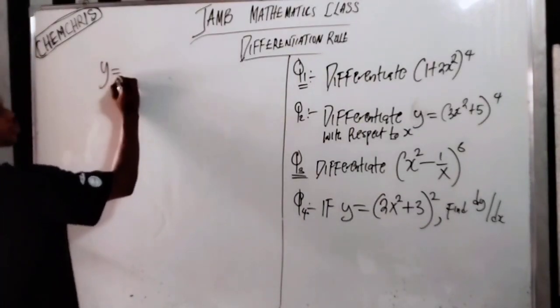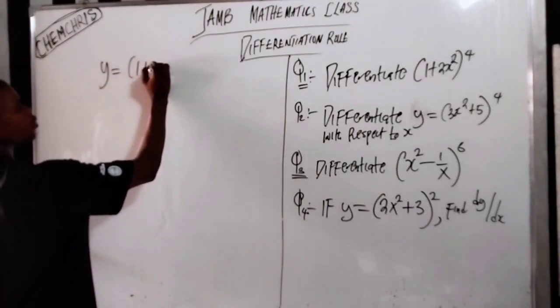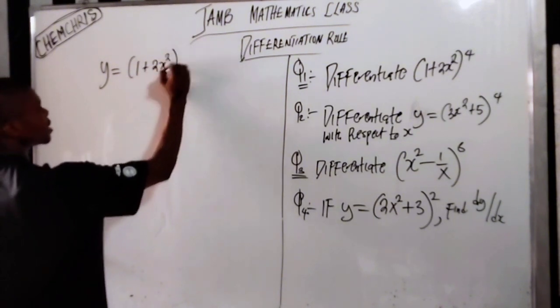y equals (1 plus 2x) squared, all raised to 4.